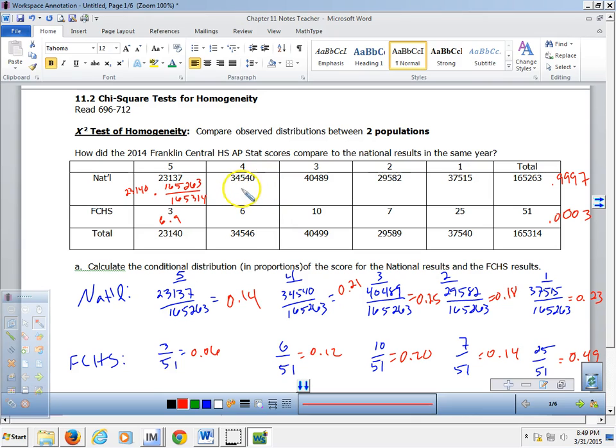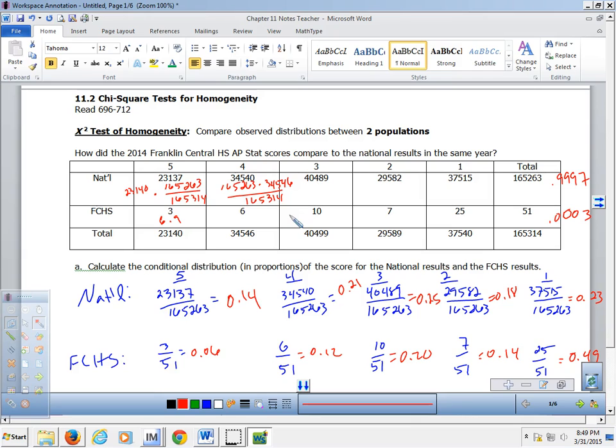We would take the row total, which is 165,263, and multiply it by the column total, 34,546, and divide it by the table total, 165,314. And again, we're doing this because we're assuming that the two distributions are in fact the same.